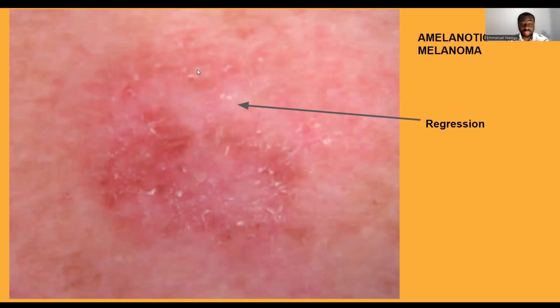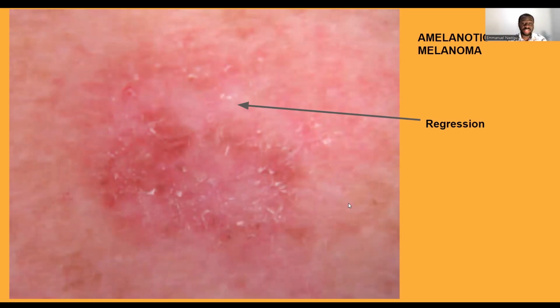So if you have a look there, first of all, how do we approach this lesion? You look at it grossly first of all. And you place your dermoscope on it, and you're like, okay, sometimes it could be difficult, but there's regression. You can see areas of regression, varied levels of what I would call pigmentation.